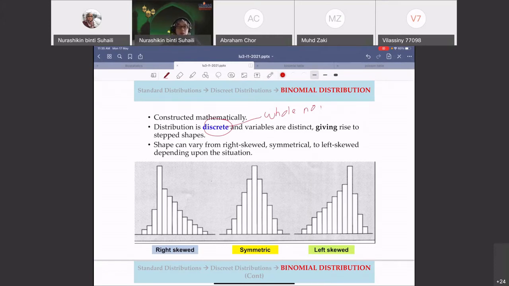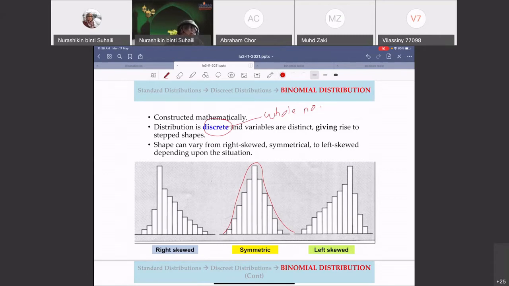So when we talk about distribution, it can be in various shapes. For example, this is the shape of the distribution. The normal one is like this. This is symmetric, meaning that it is evenly distributed, it's equal. But we also have some distributions that don't look symmetric, but instead look either right skewed or left skewed.